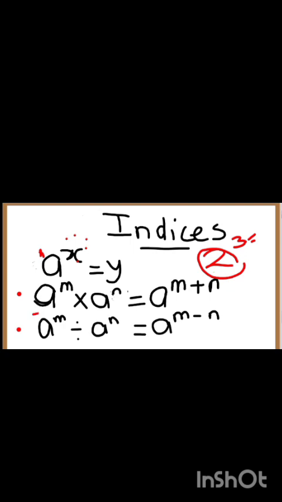Look at the base here. The base is a, the base is a, and we are multiplying. What do we do? We add the powers. If the bases are the same, when dividing, we subtract the powers.